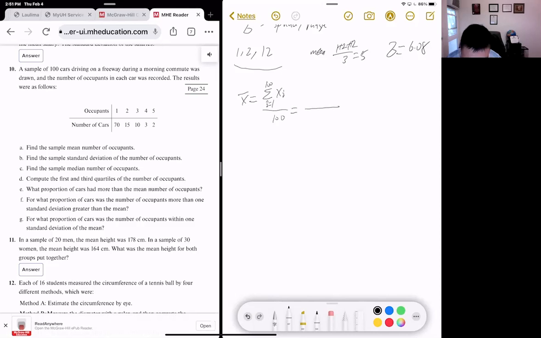Because we have 70 cars with 1 occupant, so 70 times 1 plus 15 times 2, 15 cars have 2 occupants, plus 10 times 3 plus 3 times 4 plus 2 times 5, and then divided by 100. So that's the sample mean. The sample mean is 1.52. So it tells us on average each car has 1.52 occupants.